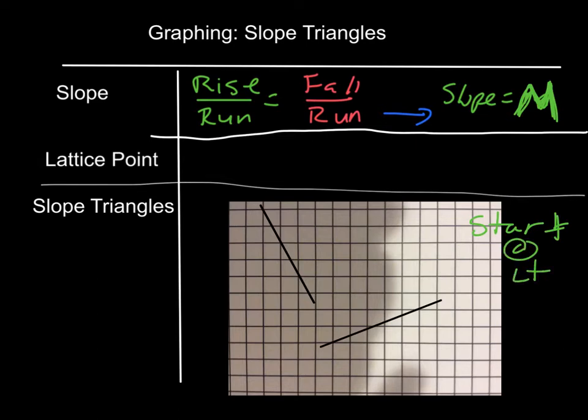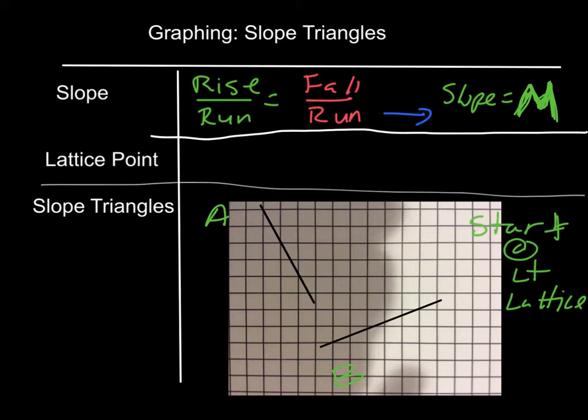Start at the left lattice point. Okay? And so you're going to start at your leftmost lattice point. So then the very first thing that we're going to do, if I'm doing this first line here, I'll call that line A. And this one we'll call B down here.